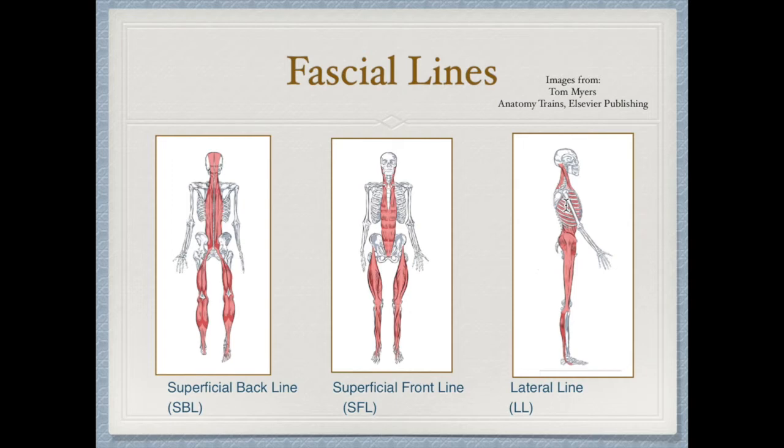And that's that internal-external connection. So many things about the traditional theories of the meridians and the internal-external relationships can be understood just by knowing the intricacies and the simplicity of the anatomy of these lines.